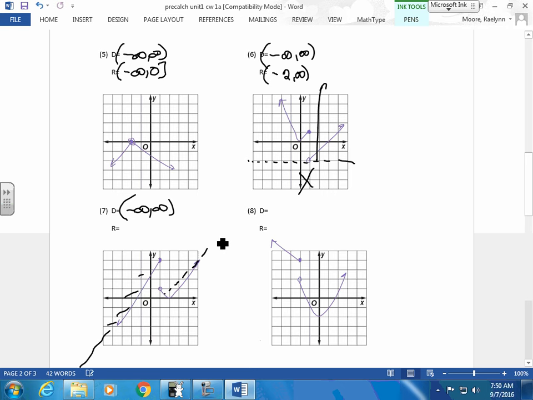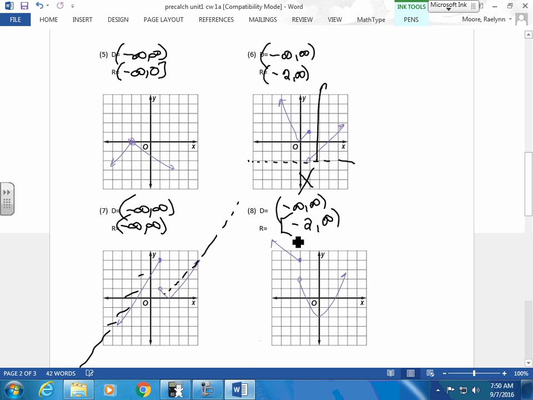All of these go on forever up there. So all real numbers. Okay, so how about this guy? What's the domain? And the range? -2 to infinity. Hard bracket or soft bracket?